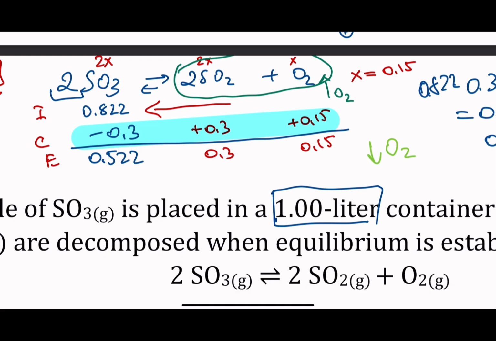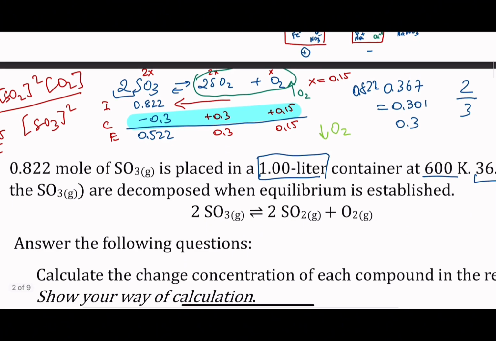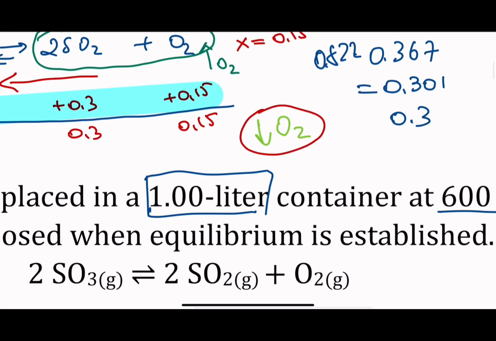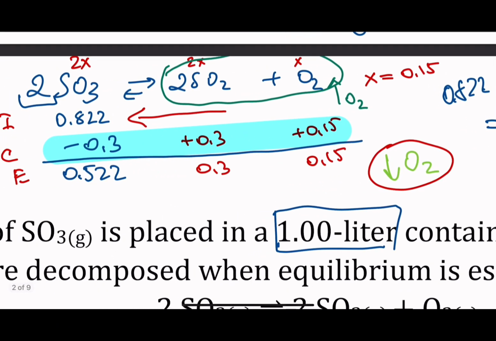If we go from right to left, we're going to use the oxygen and make more of the SO3, right? So that's why whenever you increase the concentration of something, your system will want to decrease the concentration. So whichever side will use that up is going to be that side you choose.